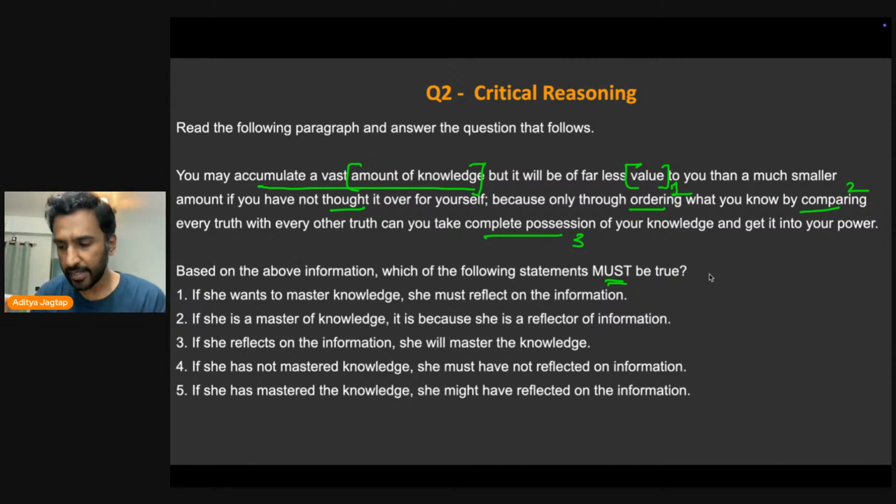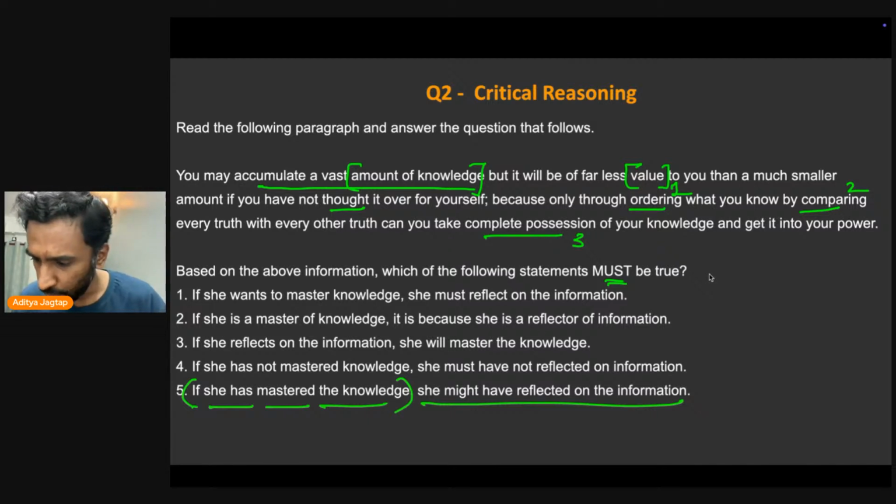Second is read each option. This applies to RCs, this applies to critical reasoning questions, parasummary, everything with options. I break down each sentence into parts and then check if it's acceptable or not. If she has mastered the knowledge, right? To master knowledge, if you notice, this mastering of knowledge is used in each sentence, but we'll not go there right now.